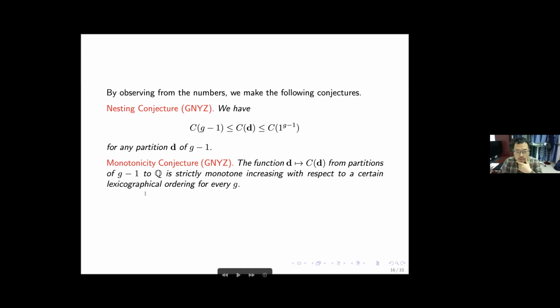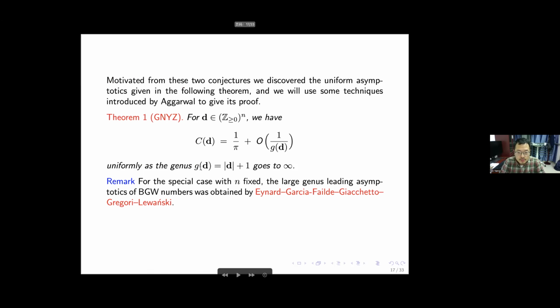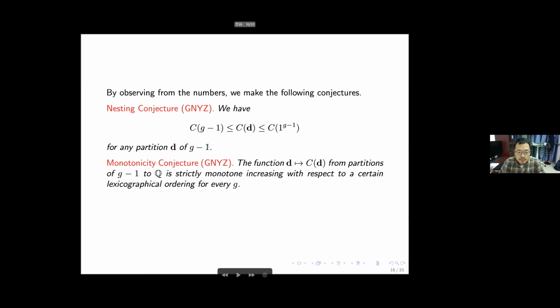In other words, we are motivated from these two conjectures, but our proof of the theorem will not use either of them. For the lower bound we can prove it. What I'm saying is that we don't have the proof of the nesting conjecture, that is, we don't have the proof for the upper bound, but we do have the lower bound.